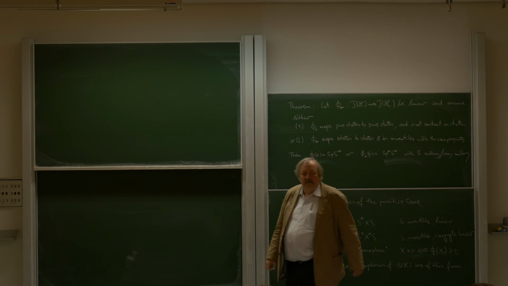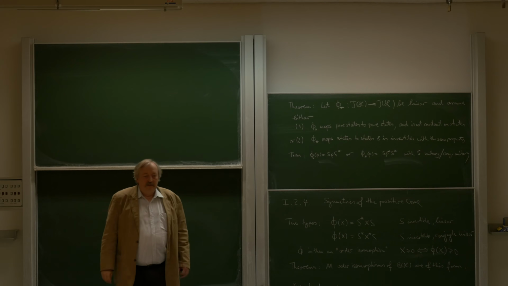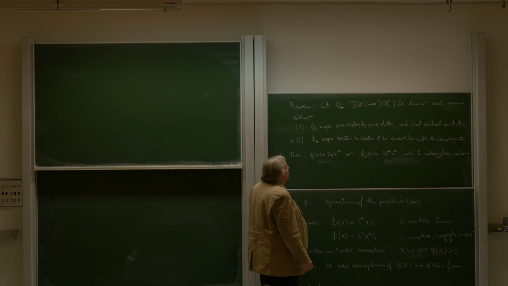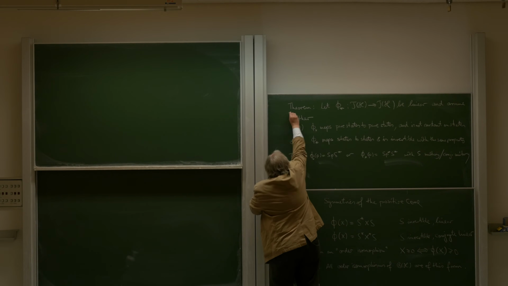And of course, the unitarity is what we get as an extra condition to make the normalization right. Okay, so I'm actually not going to prove the whole thing, but just give you some of the basic arguments.